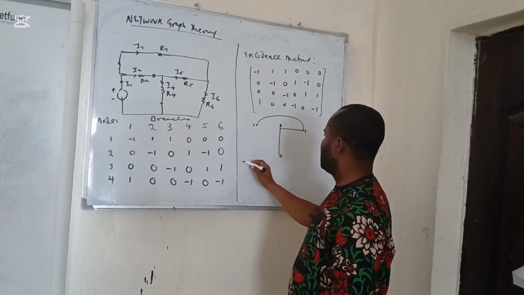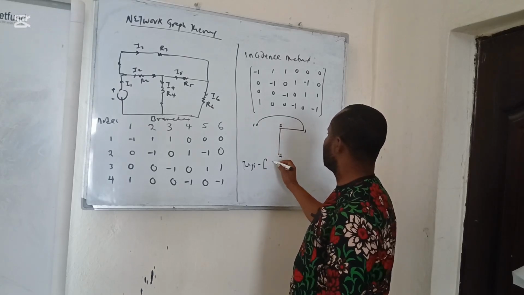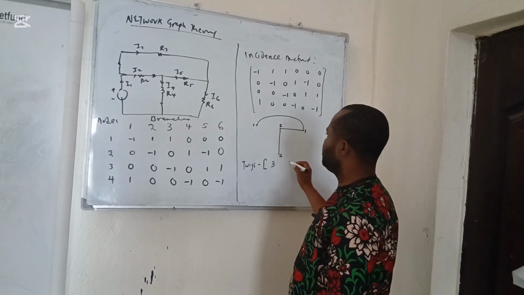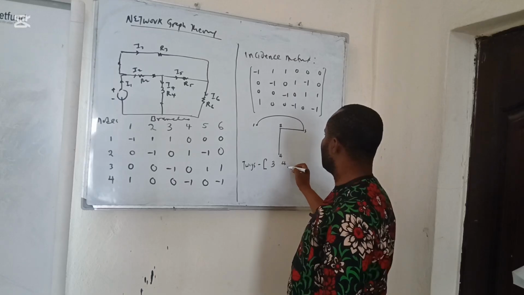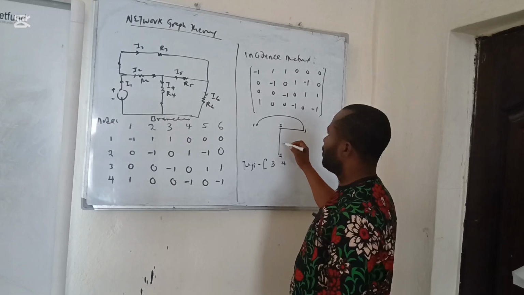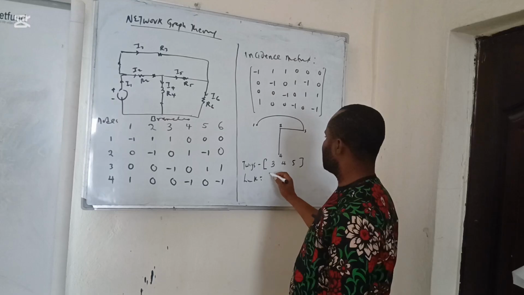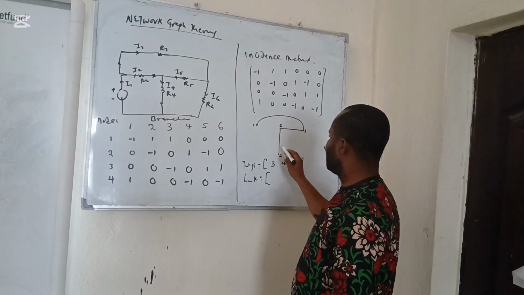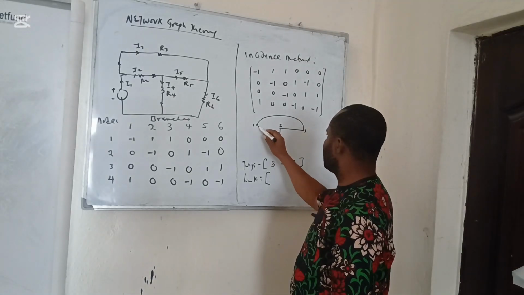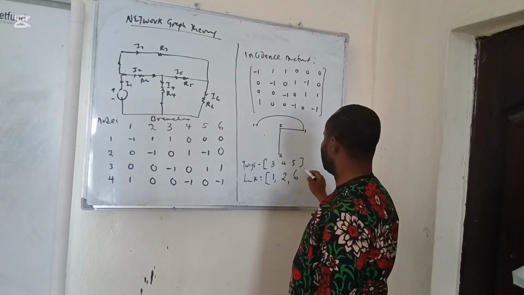So it means that the twigs are actually the branches that constitute the tree: 3, 4, and 5. Whereas the links of this are actually the missing branches. This is 1, this is 2, and this is 6.